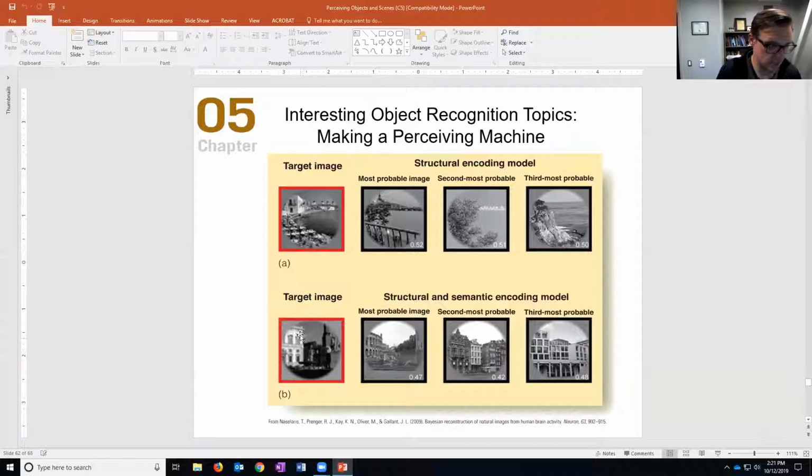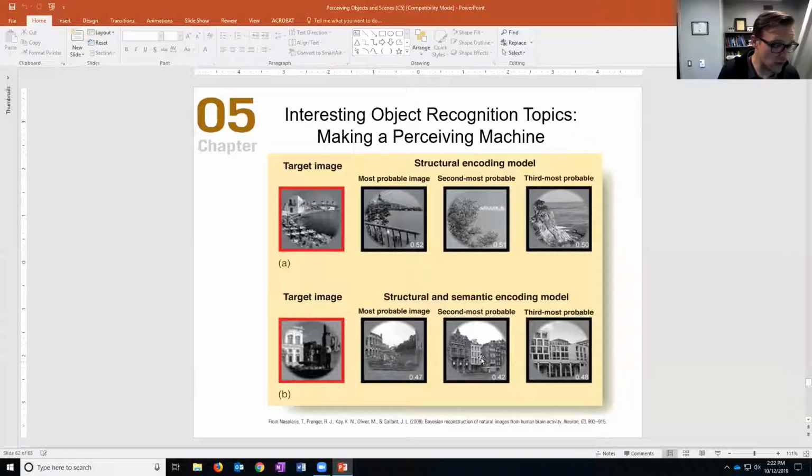With the semantic piece, sky, building, it gets even closer. So its most probable image has sky, building, and even the structural features of the building are still there. It apparently even identified the trees back here that are hard to see in the target image, but they're here.